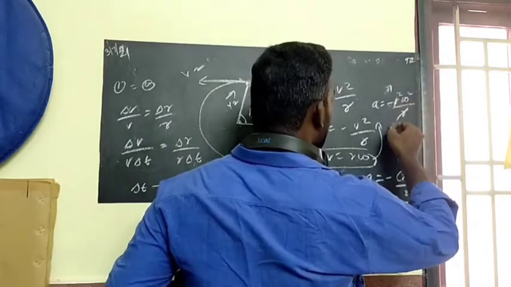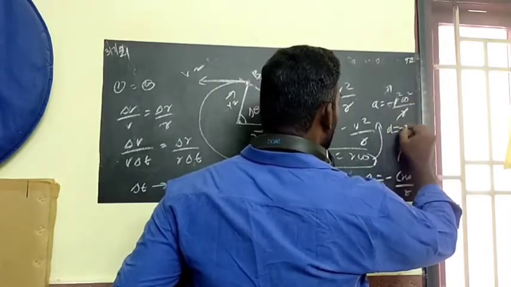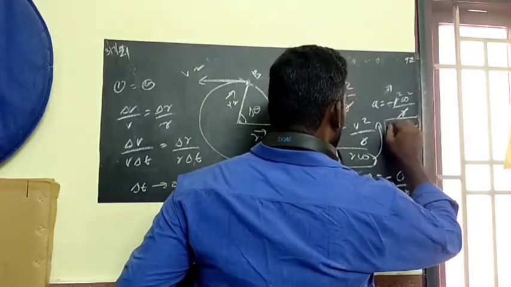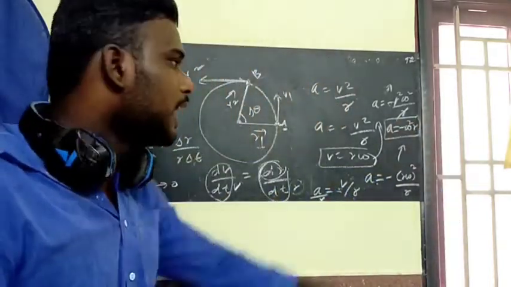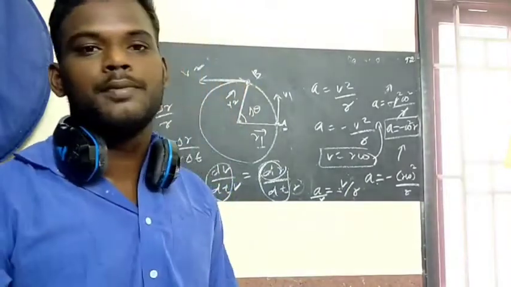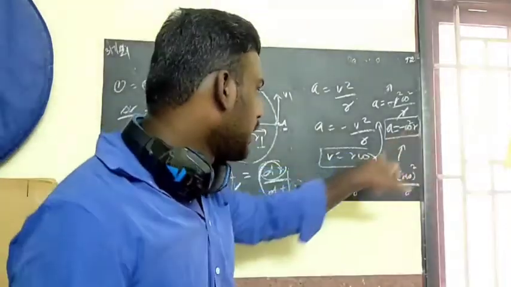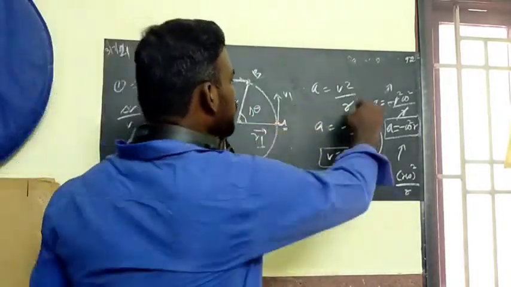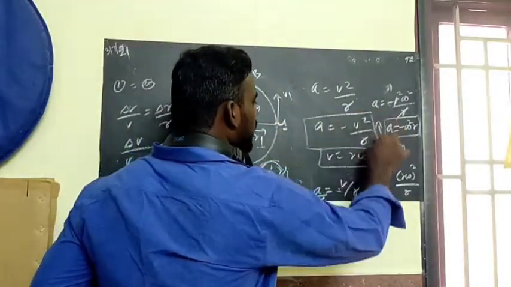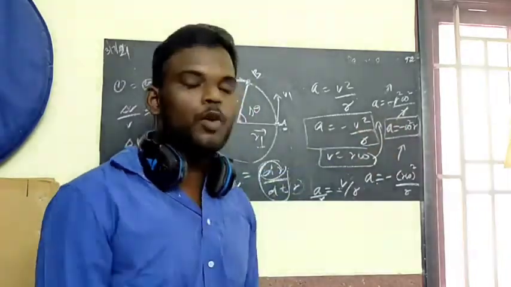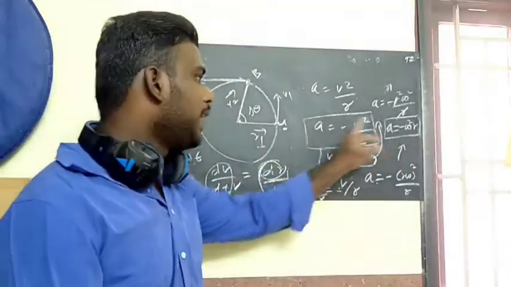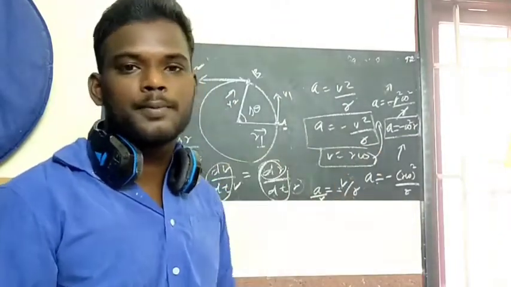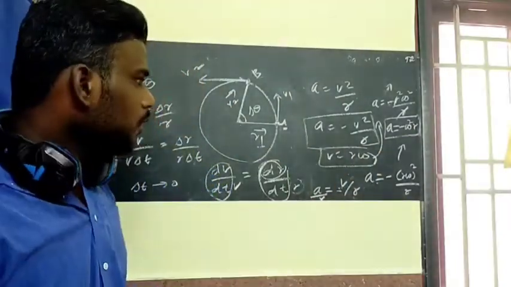This r and this r will cancel, and a is equal to minus omega square into r. This is another formula of acceleration. Whether you are taking this formula or this formula, both will give the same value. The minus denotes the direction of acceleration, always acting towards the center. Is that clear? Fine.